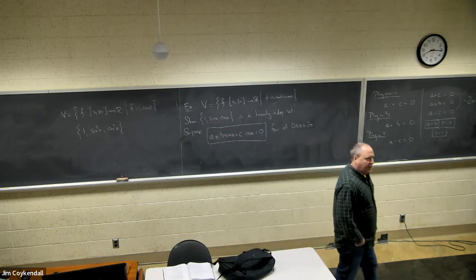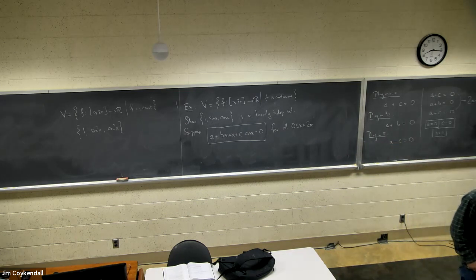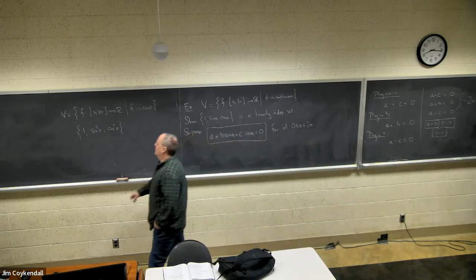What about 1, sine squared and cosine squared? Is that linearly independent? Well, I don't know, the sine squared plus cosine squared can simplify to 1, right? So I bet it's something to do with that.